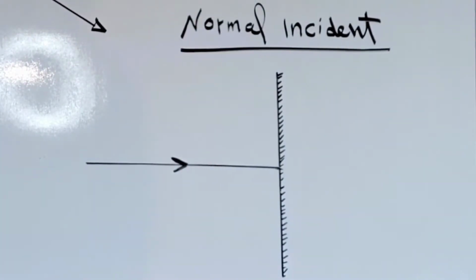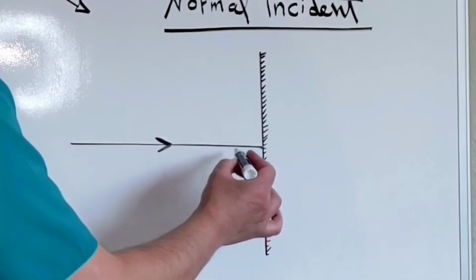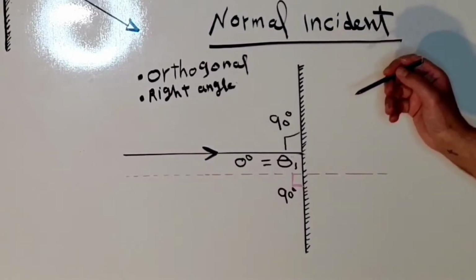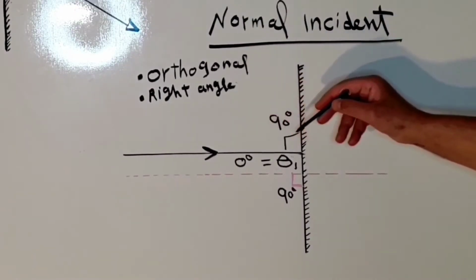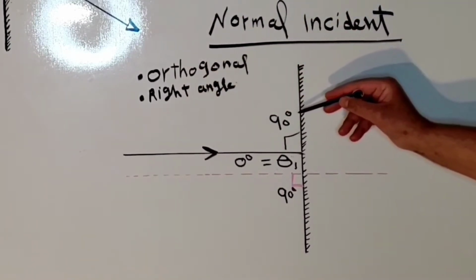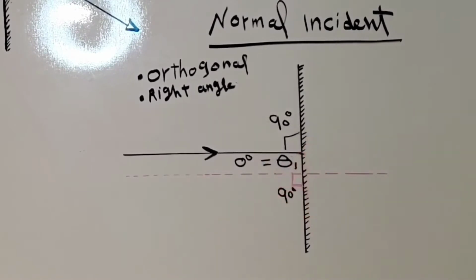Now, what is the normal incident? If the sound beam is perpendicular to the interface, we call this a normal incident. That means that the angle formed between the sound beam and the interface is 90 degrees. However, the angle of incident will equal 0 degrees. Why 0 degrees?